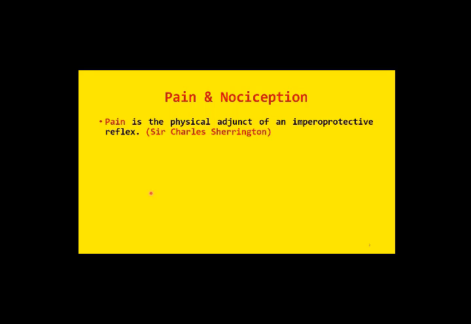The English neurophysiologist Sir Charles Sherrington described pain as the physical adjunct of an imperative protective reflex. So pain is a protective mechanism. It's a warning sign that something is wrong. Rather, you can say pain is a blessing in disguise.